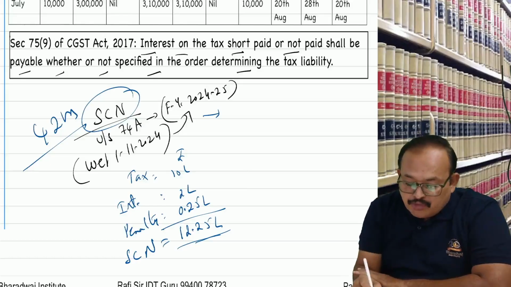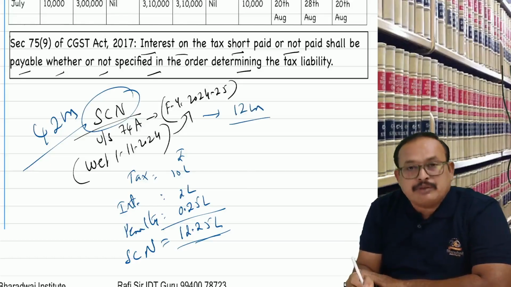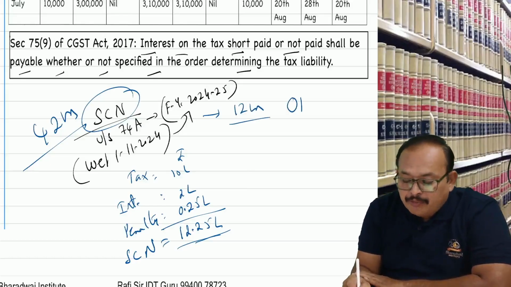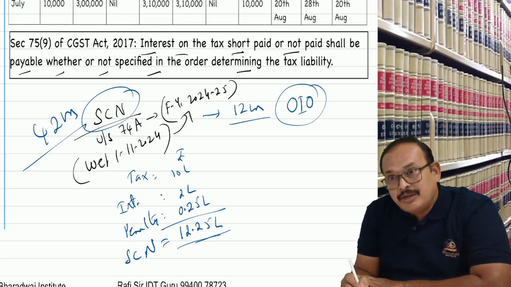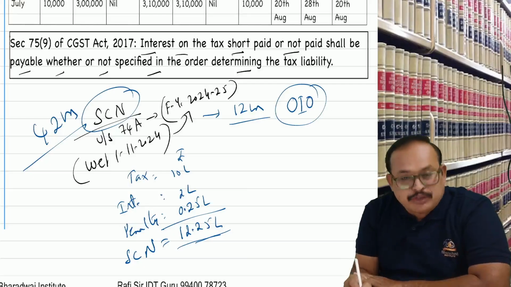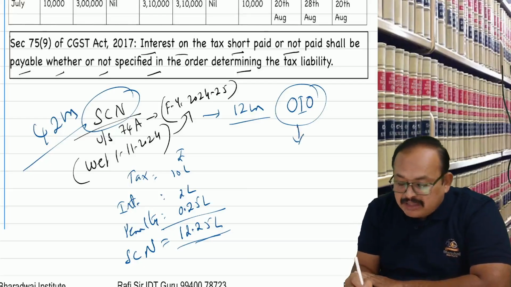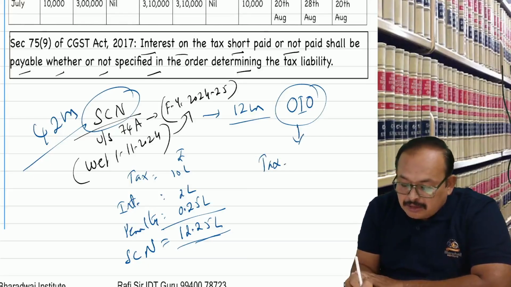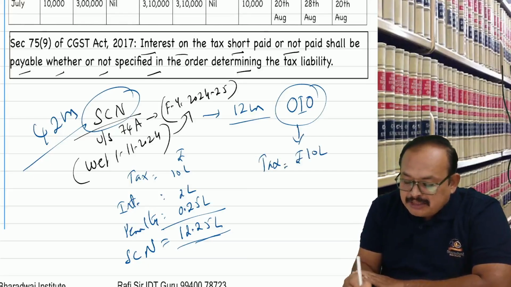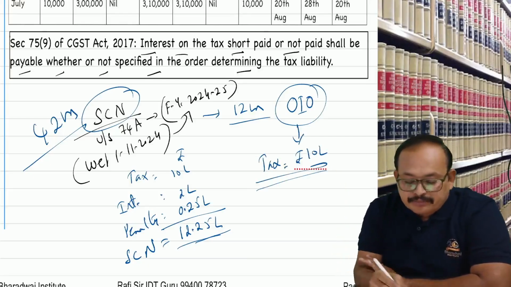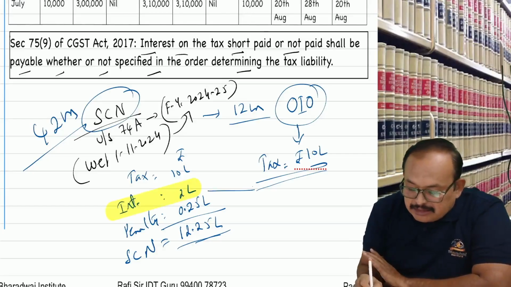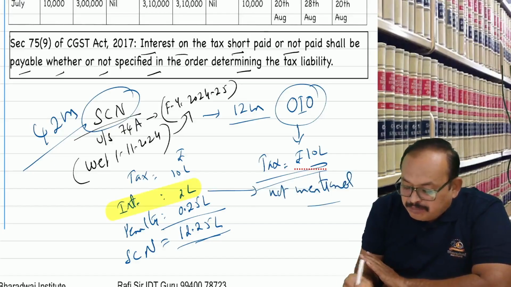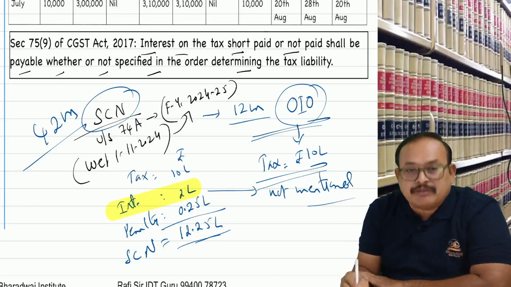Then within 12 months from the show cause notice, what should be issued? OIO. OIO means order in original. It should be issued within 12 months. In the order in original, tax of rupees 10 lakhs only is mentioned. The interest is not mentioned in the order in original.